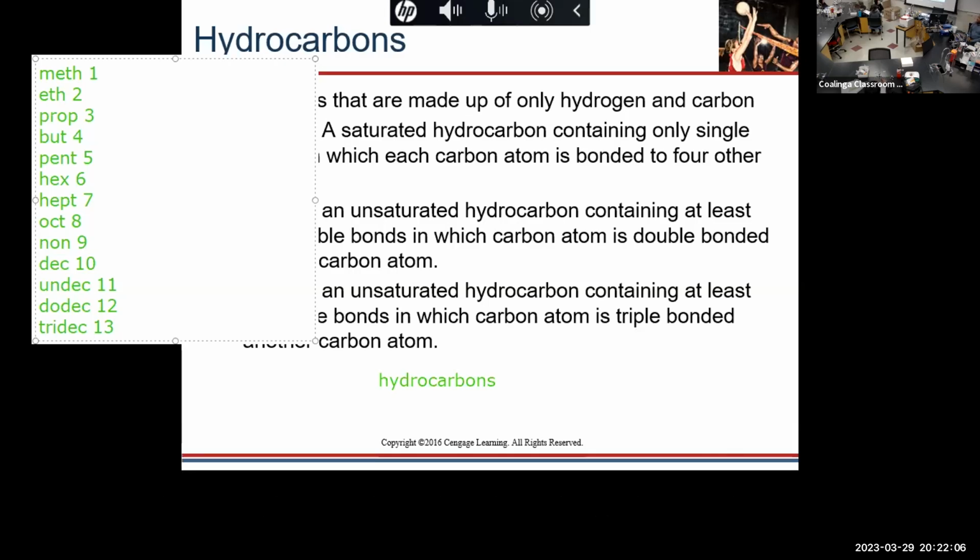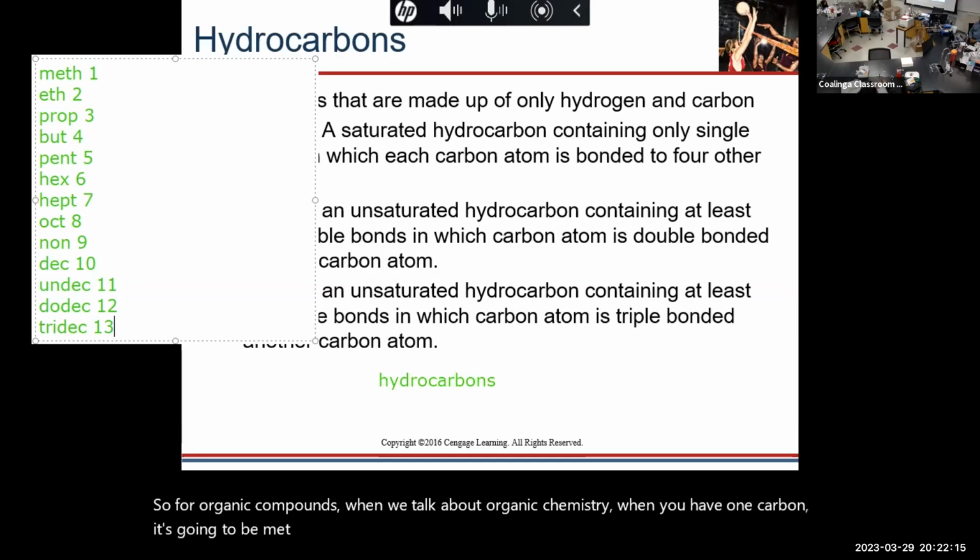Okay, so for organic compounds, when you have one carbon, it's going to be methane. Methane means that everything is a single bond, it's saturated. So we use ANE.